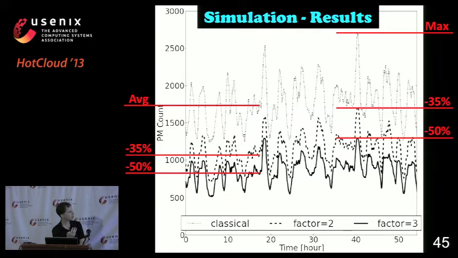And this is the total number of machines in the data center simulated. So this means if we look at the maximum, by using preallocation, we can reduce the number of physical machines in the data center by half, or by 35%. Smaller data center, or a thinner cloud, if you wish.